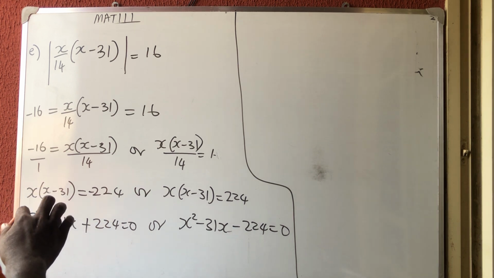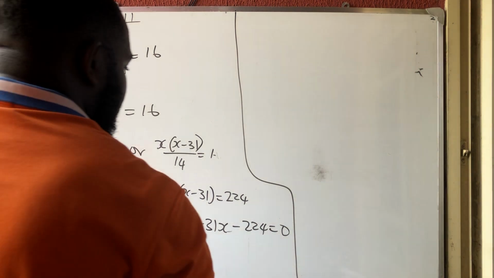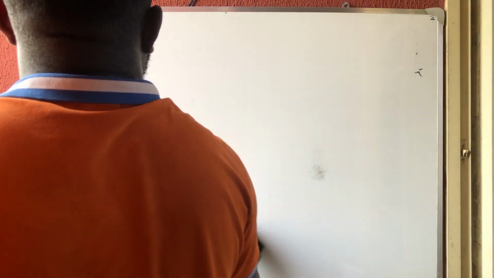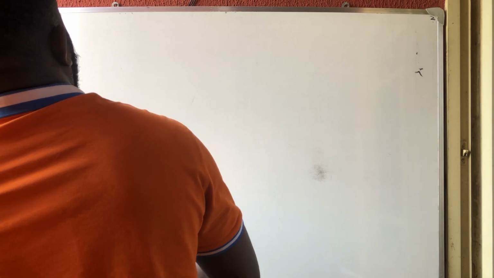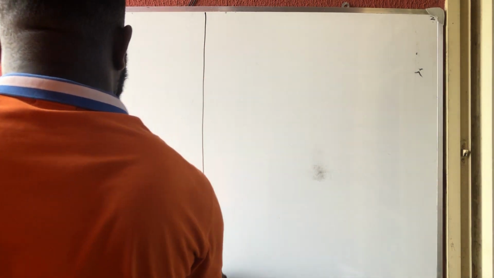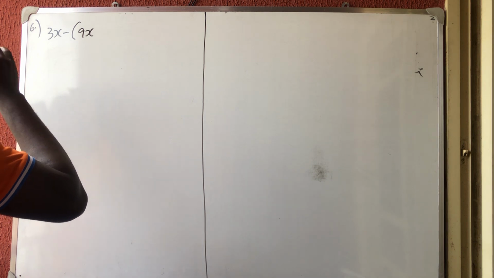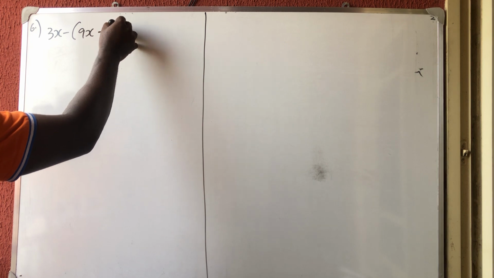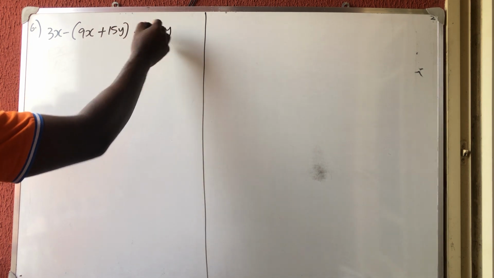Okay, question number 6. Question number 6 said if you have, factorize the expression 3x minus in bracket of 9x plus 15y plus 25y.